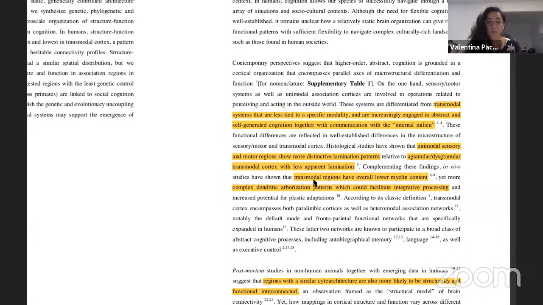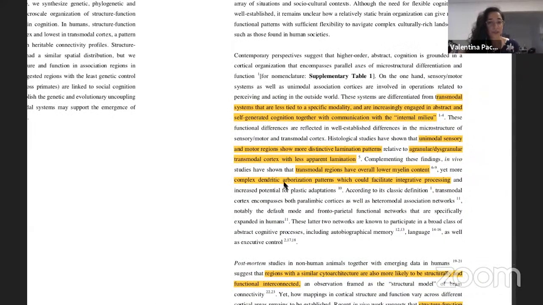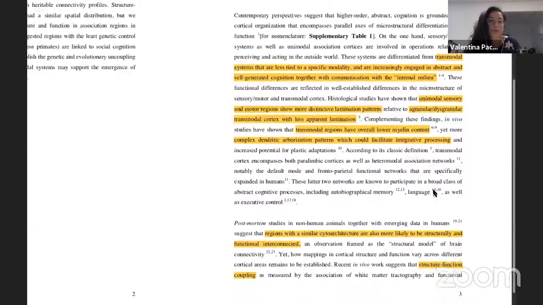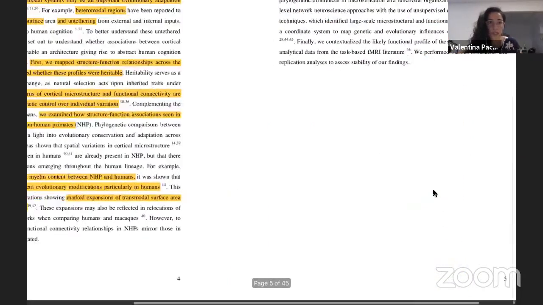Furthermore, transmodal regions are lower in myelin and have a more complex dendritic arborization, probably to facilitate the integrative processing, which is fundamental in transmodal systems communication.